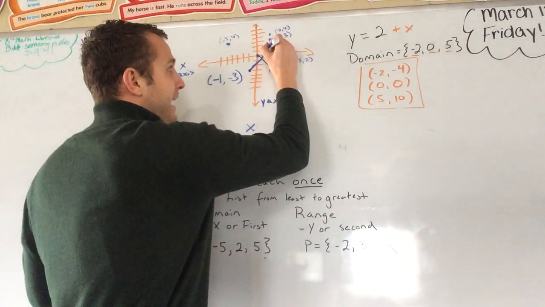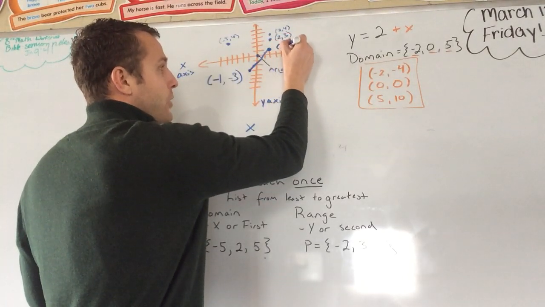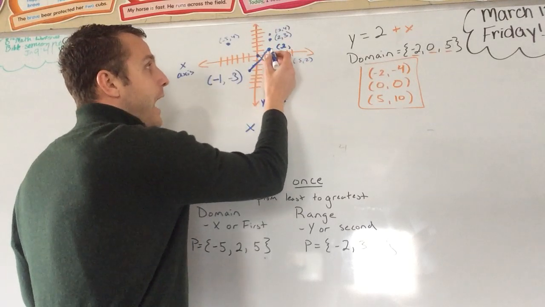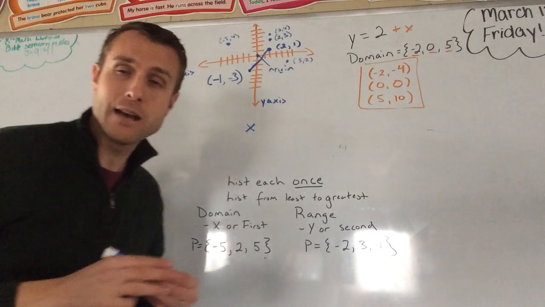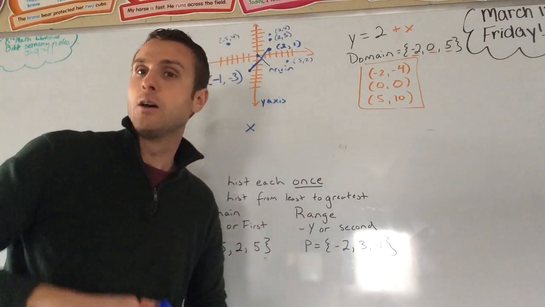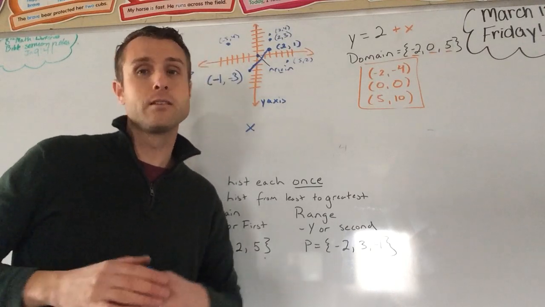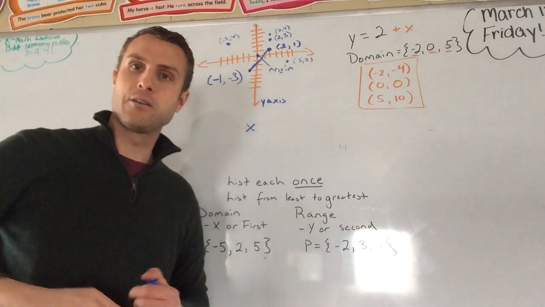This point at the other end is to the right 2, so +2, and then up 1, +1. Remember, right and left always go first, up and down always go second. To the right is positive, left is negative, up is positive, down is negative.